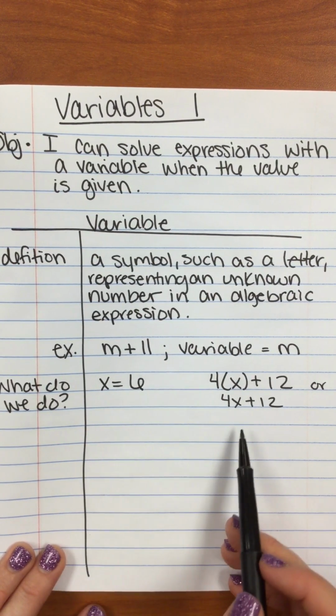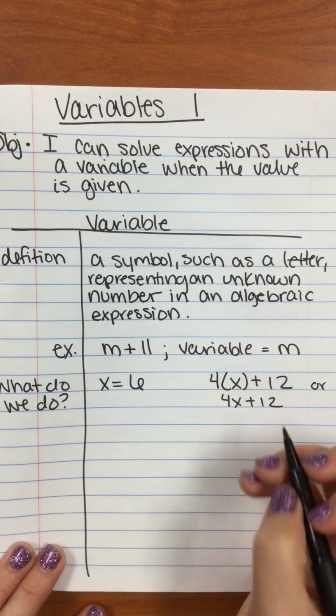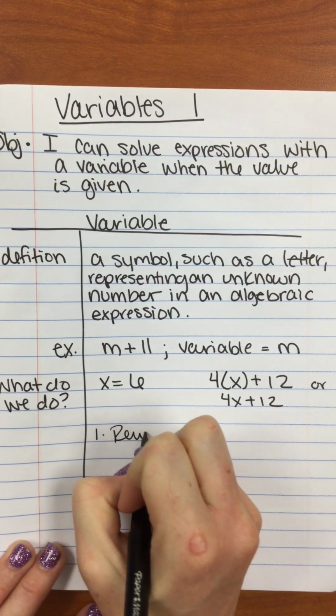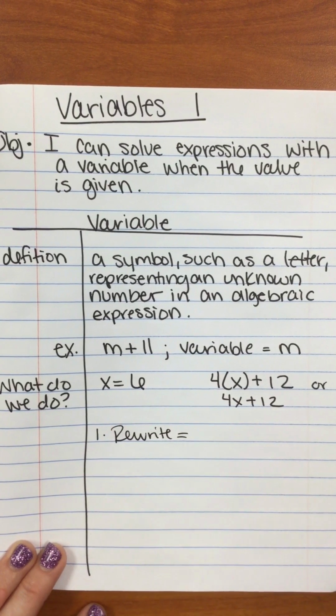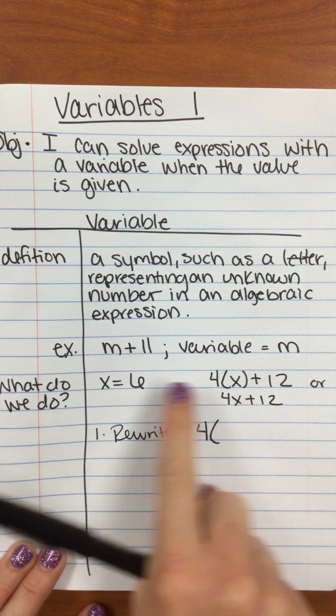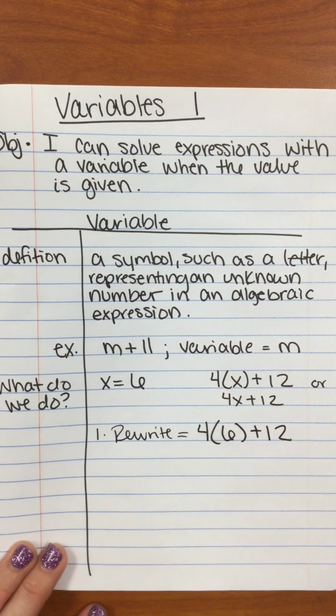Like we're going to put it into x. So we're going to rewrite the problem first, replacing the variable. So I have 4x is my variable, x equals 6, so I'm going to put in 6 plus 12.